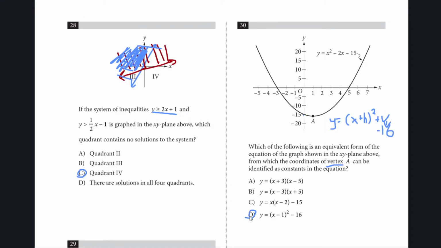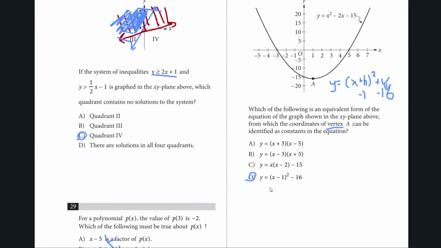So we know that's that. The only one that has that is D. But let's look a little further. We have x plus h. When it comes to what's on the inside of the square, it's going to do the opposite of what we imagine. So this is shifted to the right by 1. So the h is actually -1. So our answer is D. Indeed it is. You know, A and B are clearly wrong because that's in the wrong form.